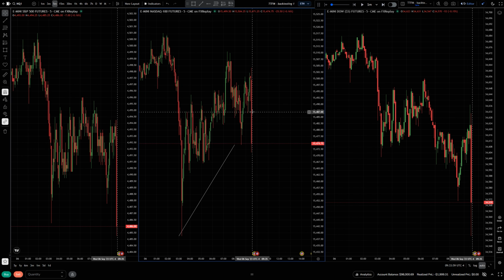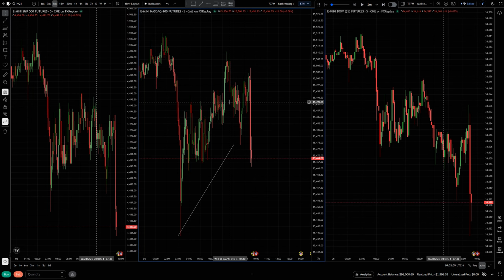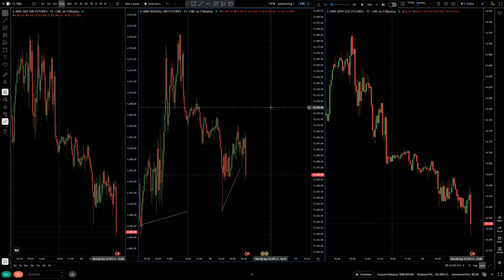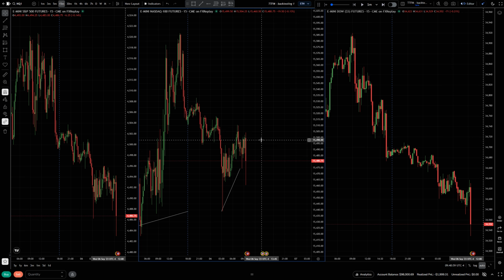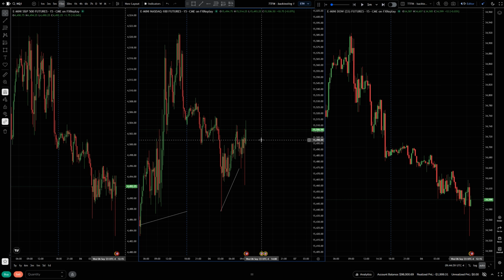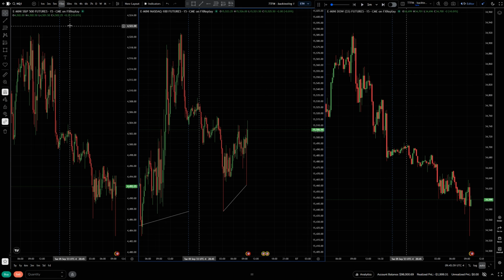So we have to see what we are going to be doing on the other weaker assets. We have to see some kind of strength switch. You can see that we are starting to go higher. This SMT still stands.